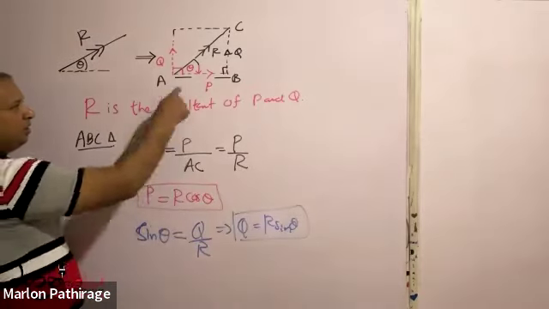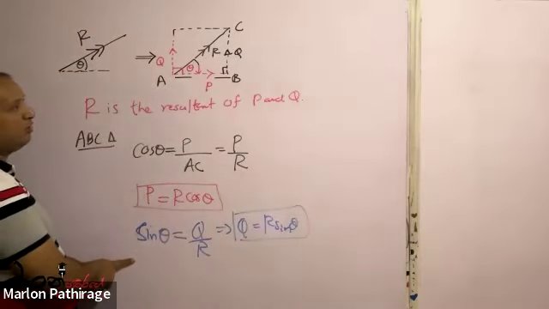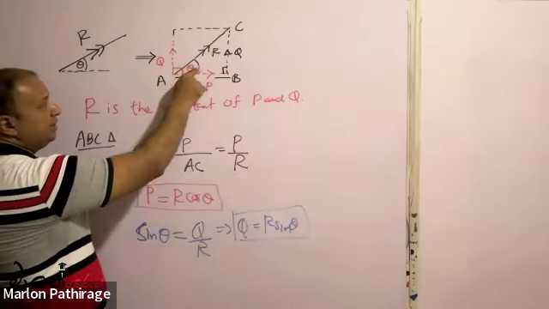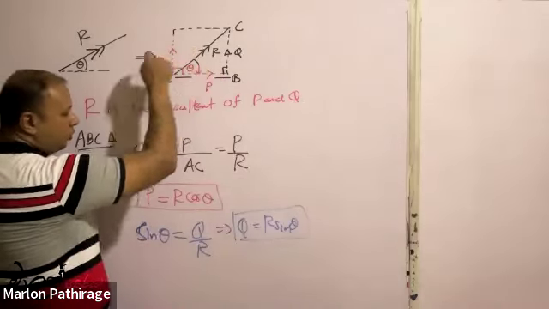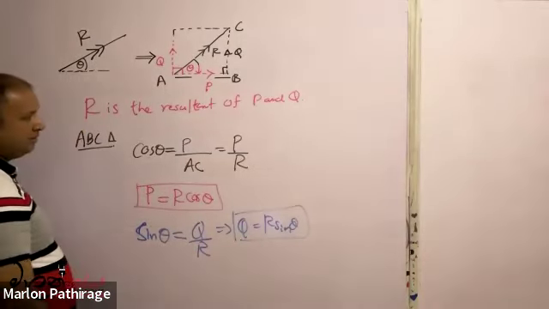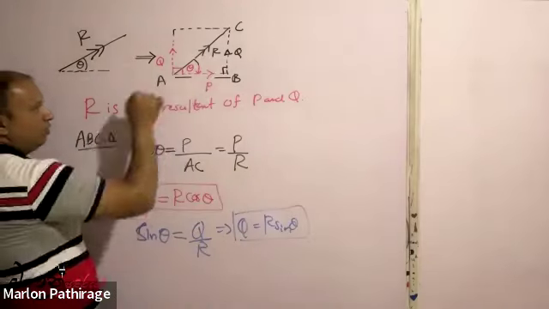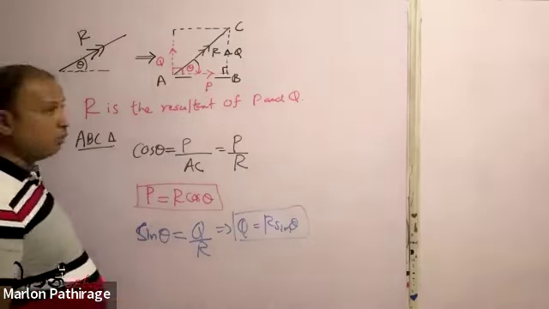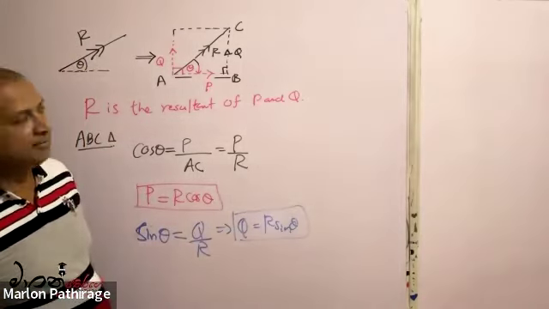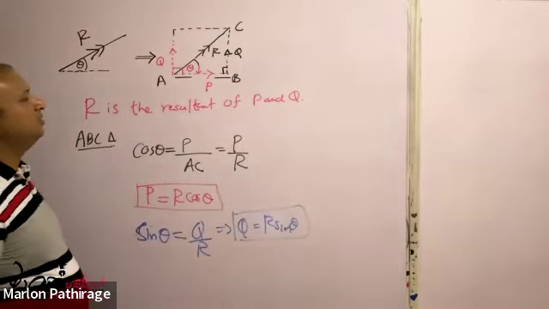Then again, you can use sin theta to determine Q. Sin theta is equal to the opposite side over R. Therefore, Q equals R sin theta.